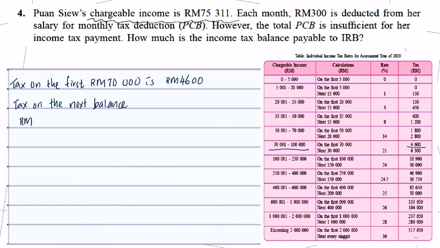After this, we count the tax on the next balance. Chargeable income 75,311 minus 70,000, and the rate for the next balance is 21%.